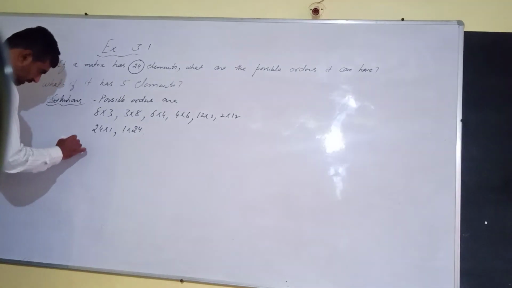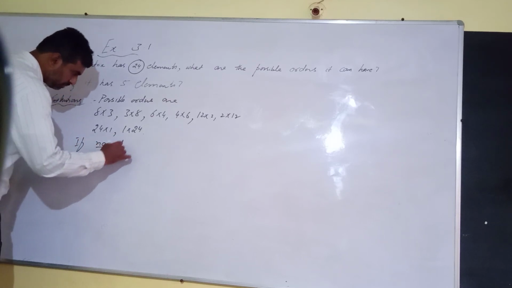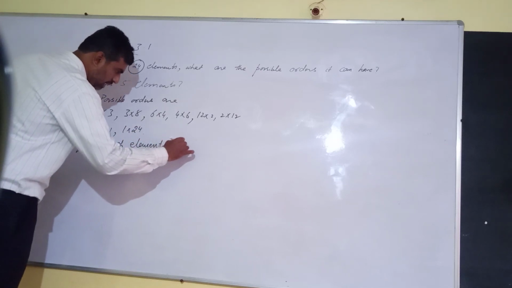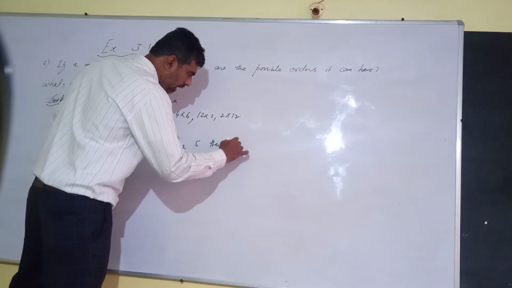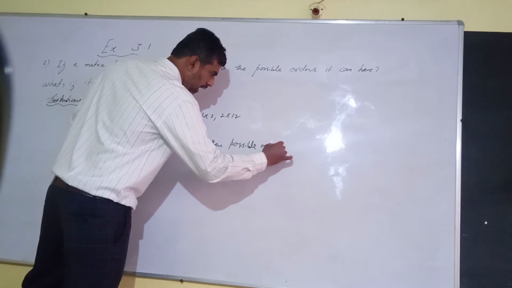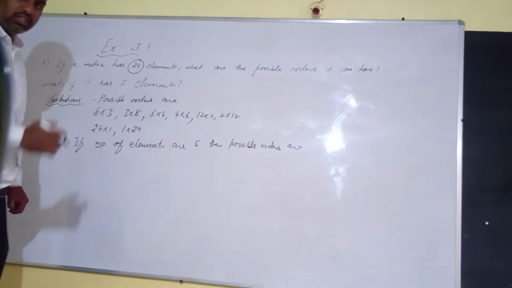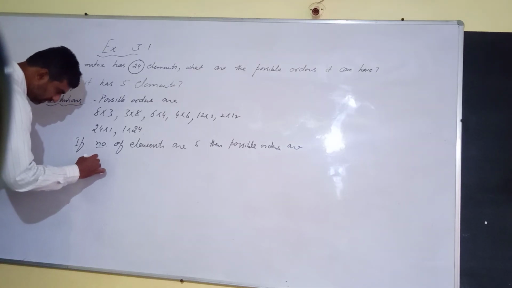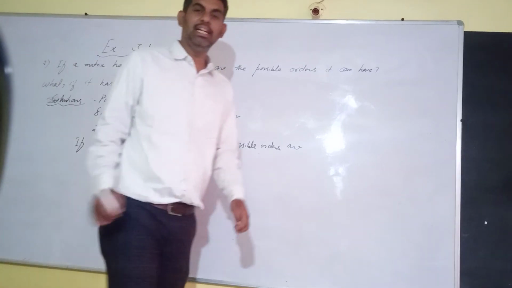Now, if the number of elements is 5, then the possible orders are 5 cross 1, 1 cross 5, because 5 is a prime number.